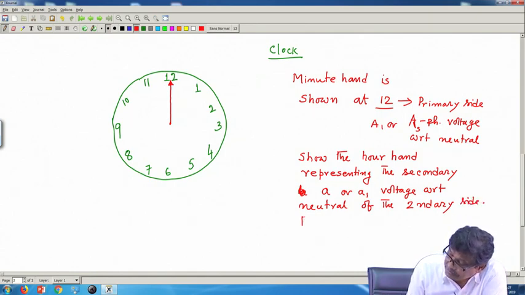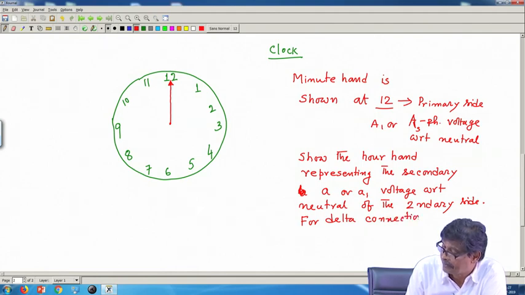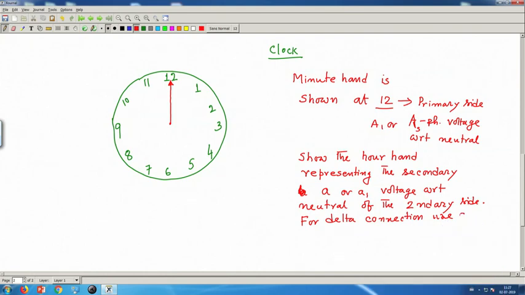For delta connection, use artificial neutral. That is small n. This is capital N. You have got the point.